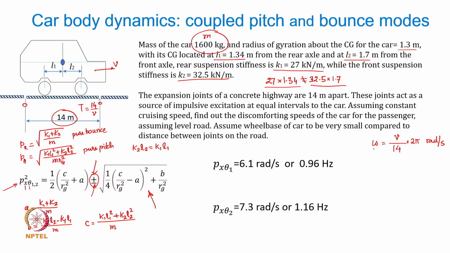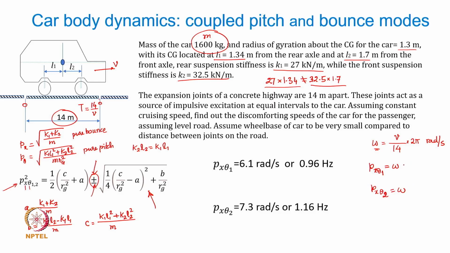So you have this omega, and we know that for a resonance condition px theta 1 should be the same as this, or the other speed will be where px theta 2 can also match with this omega.